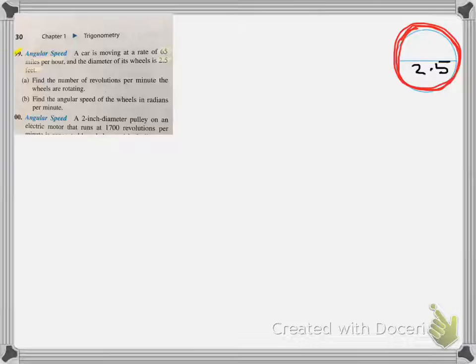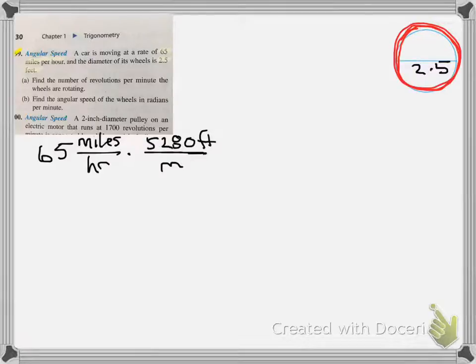So I'm going to start with that 65 miles per hour, and I want to convert that to feet. I know that there are 5,280 feet in a mile, and that's going to help me.